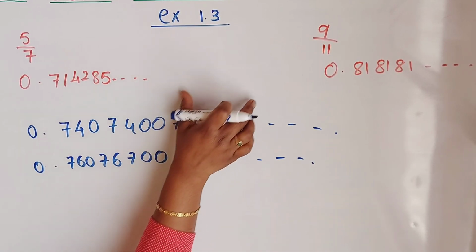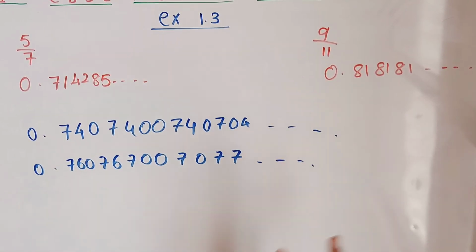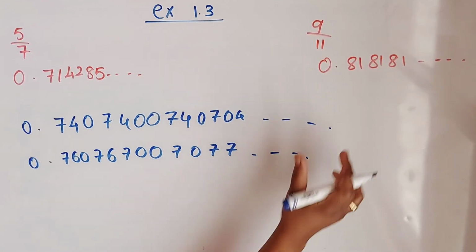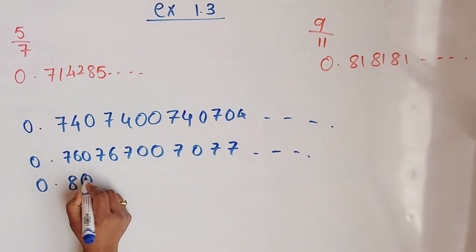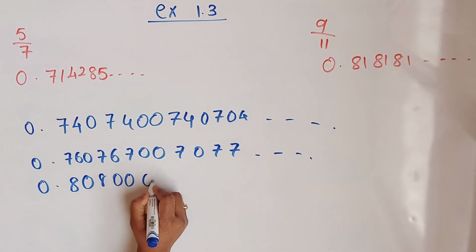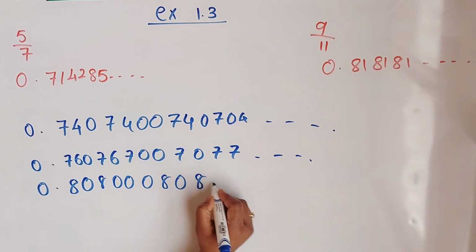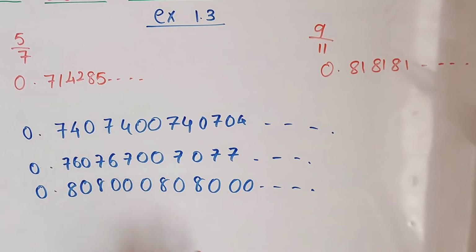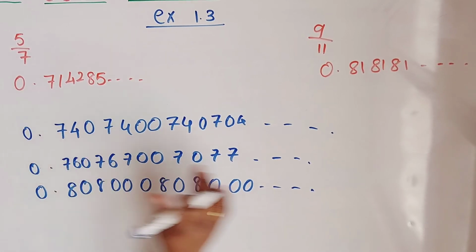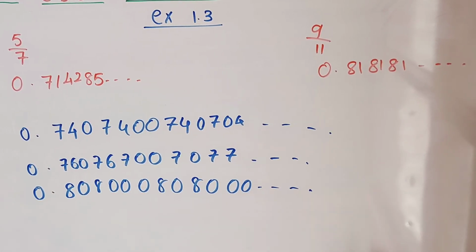This is also in between 0.71 and 0.81. And one more number, before 0.81 I will take 0.80, 800, 080, 8000, so on, like this. These are irrational numbers in between 5/7 and 9/11, children.